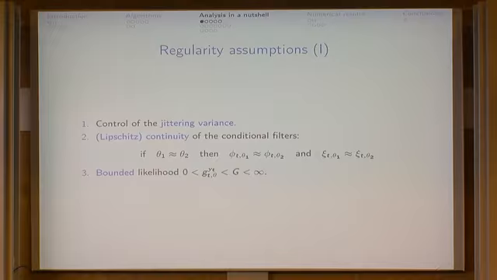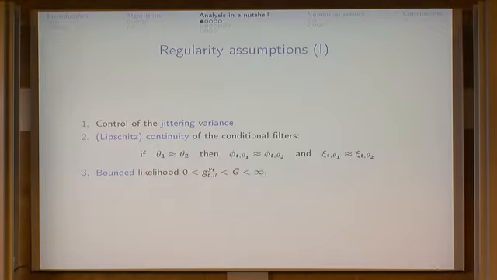Okay? So, if we just impose some control of the jitter variance, you basically choose your jittering kernel so that the variance has some upper bound that depends on the number of particles. And it's quite easy to get that. I will show you later. And the conditional filters are Lipschitz.